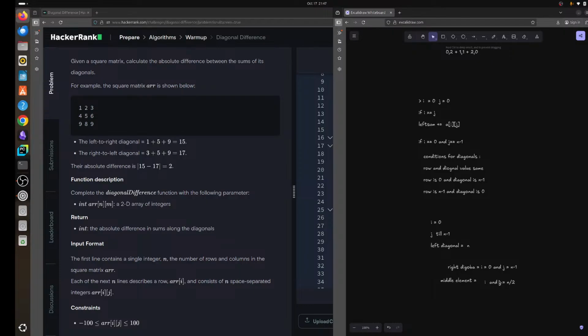The rightmost element will be equals to n by, the rightmost element will be.